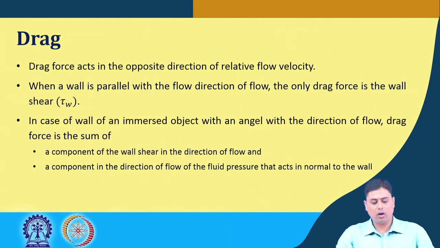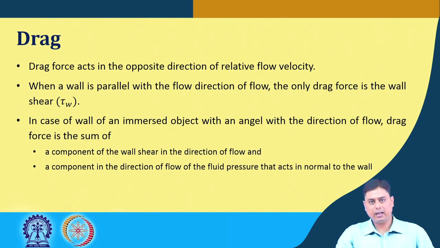Now in case of a wall on an immersed object at an angle with the direction of flow, the drag force is the sum of two components. One arises from the wall shear in the direction of the flow, and the other is from the fluid pressure that acts normal to the wall.